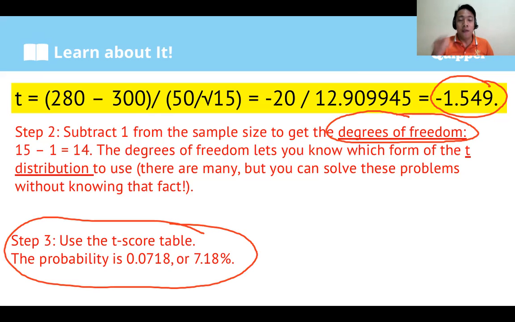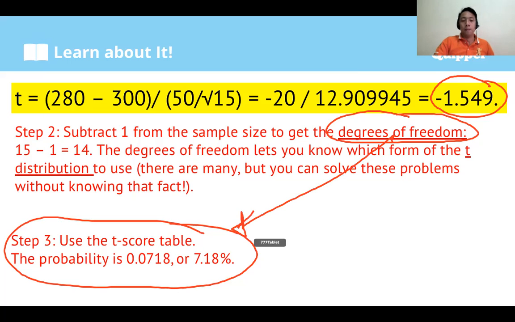After knowing how to find the t value, let us continue our discussion about degrees of freedom. It's because that will be our second step in order for us to solve problems regarding t distribution.